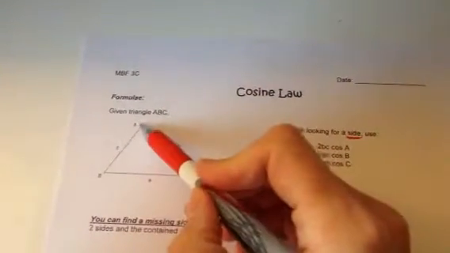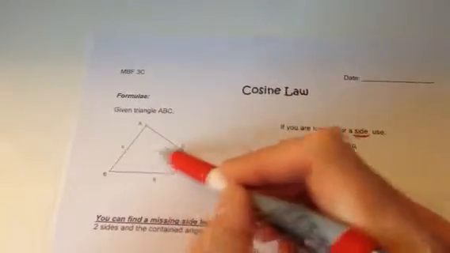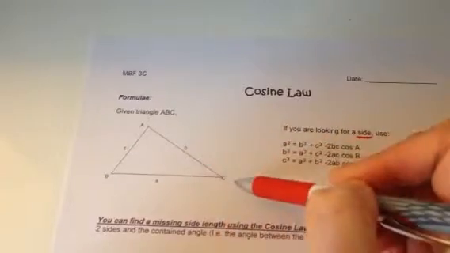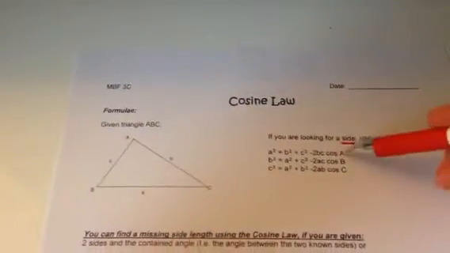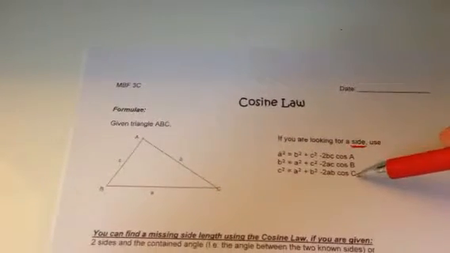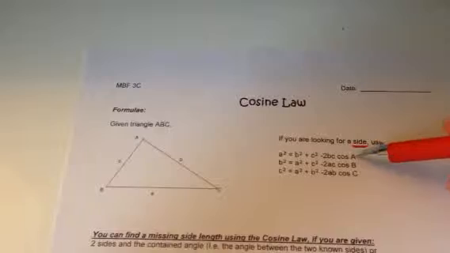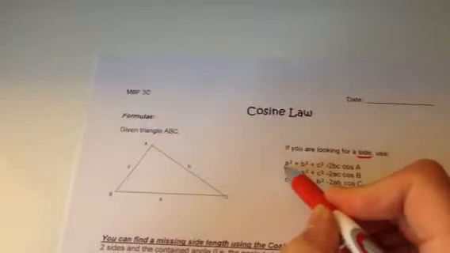Okay, so for triangle ABC, where of course this is side A, this is side B, and this is side C, your cosine law is this right here. You can write it in three different ways. It's essentially the same thing, it just depends on what side you're looking for.